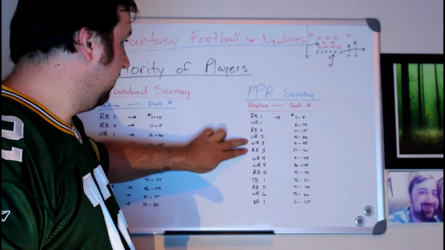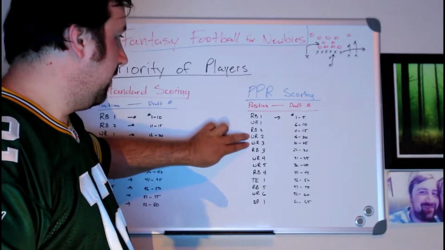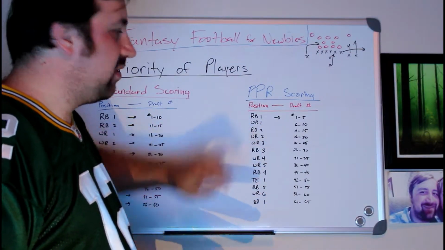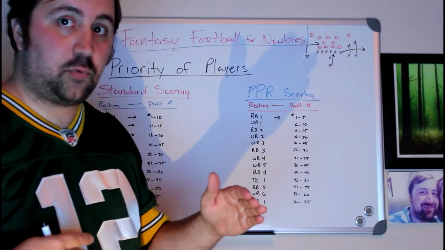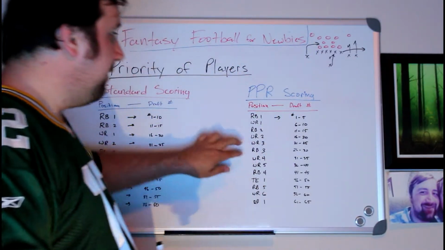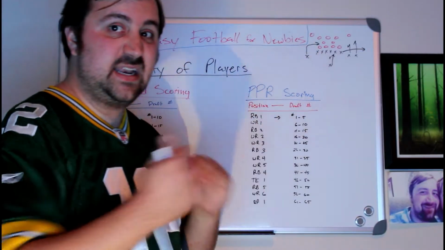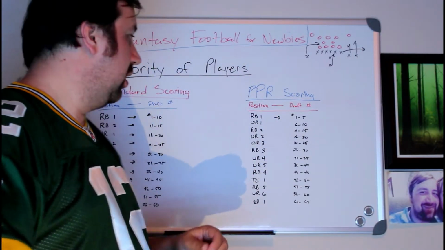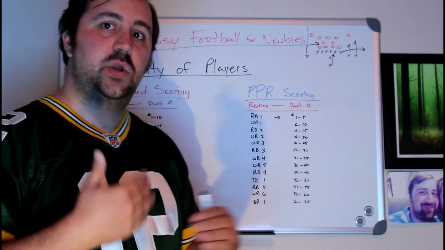Then you come down a little bit further. Now I'm here. I'm hitting a wide receiver 2, wide receiver 3. Now I've got 3 receivers and a running back. Now later on, I'm hitting a couple running backs. I may take this wide receiver 3 and kick it down to a running back. Just got to play with it, see where things are going, with your draft strategy when you're making it.